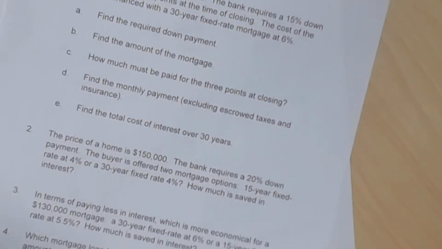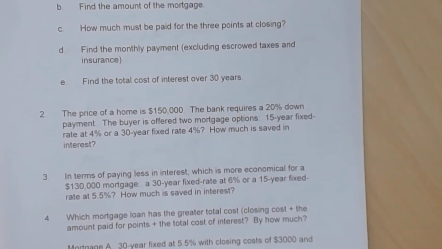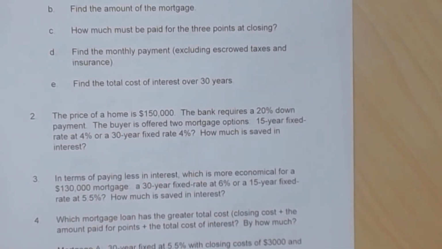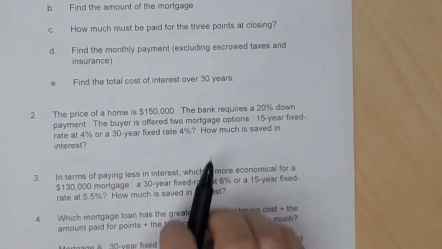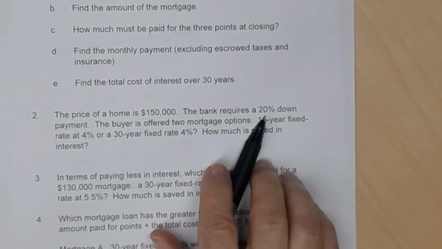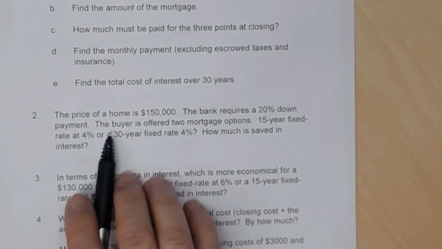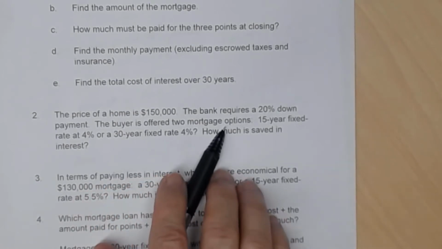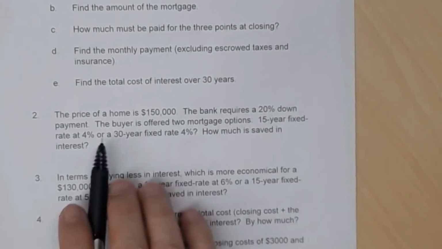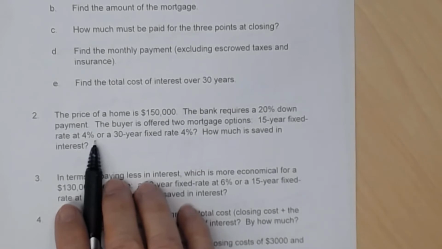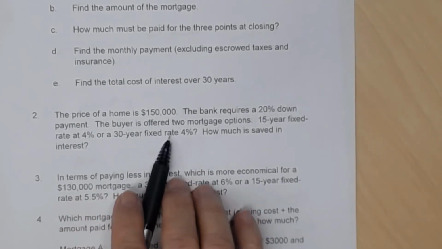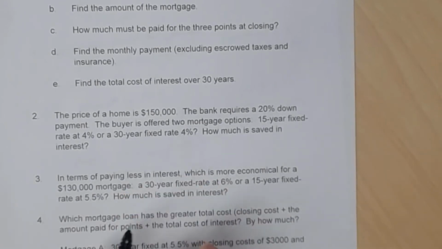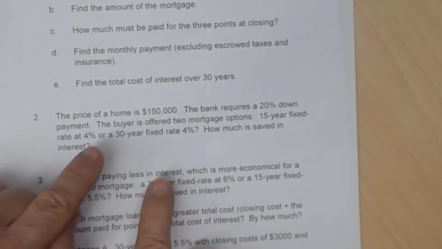All right, now let's look at number two. Number two. The price of a home is $150,000. The bank requires a 20% down payment. The buyer, which is you, is offered two mortgage options: 15-year fixed rate at 4% or a 30-year fixed rate at 4%. How much is saved in interest? Okay, now listen carefully.